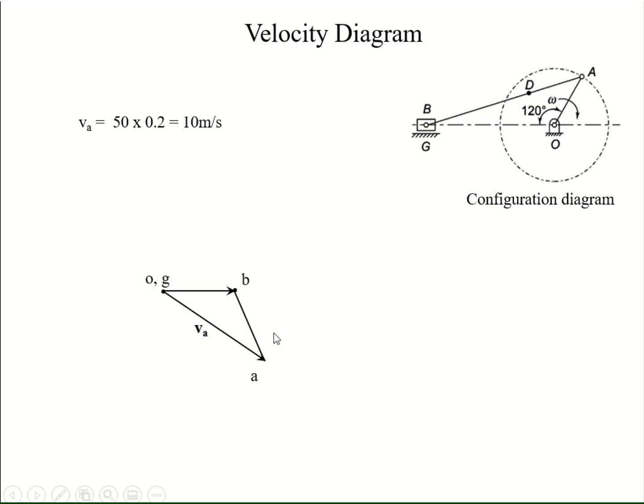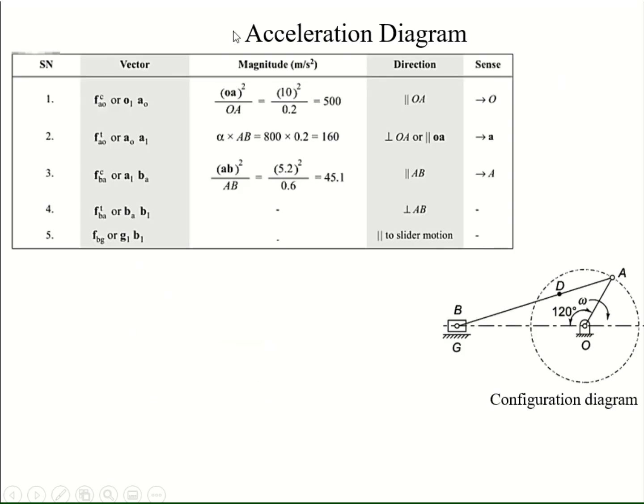Once point D has been found, it becomes easy for us to draw the velocity vector of D, and we can then measure the velocity of point D. So these are the velocities that we have obtained from the velocity diagram.